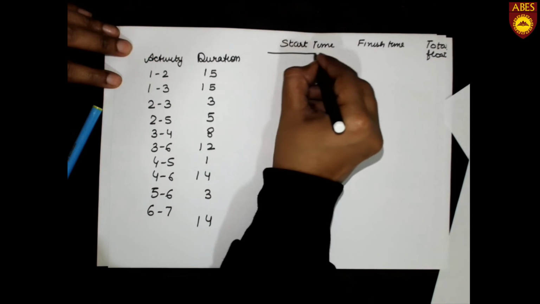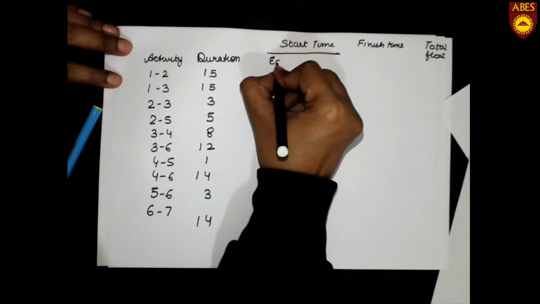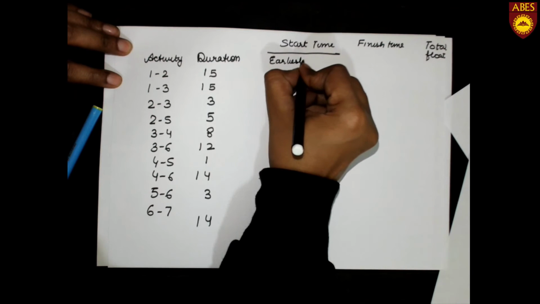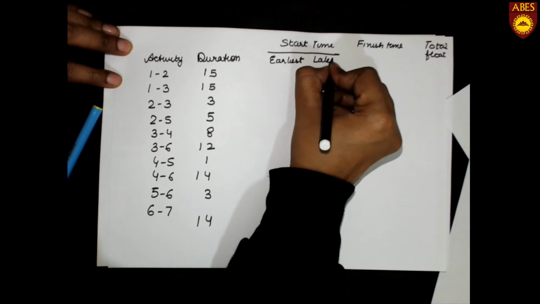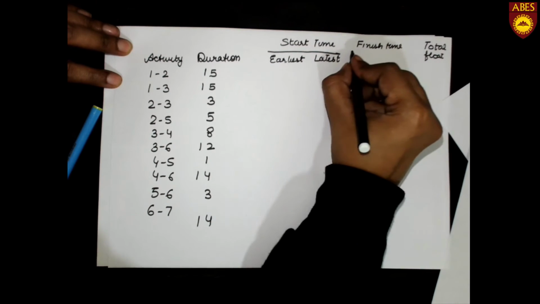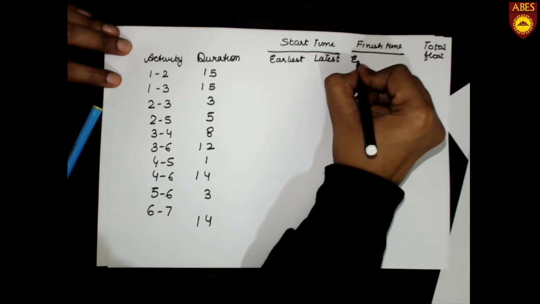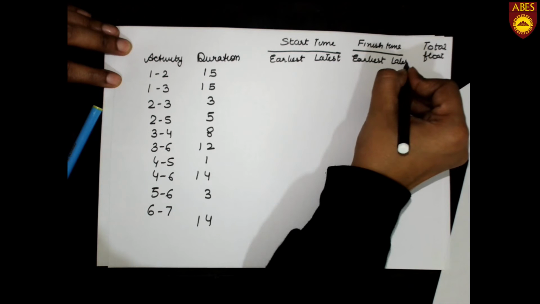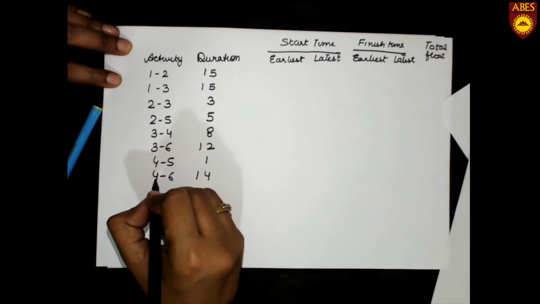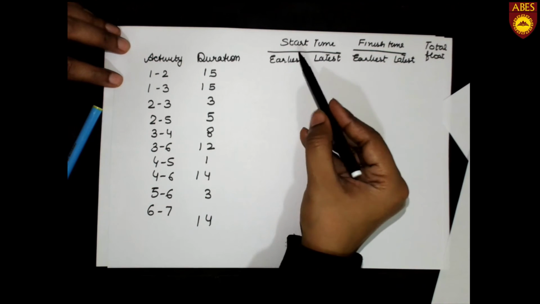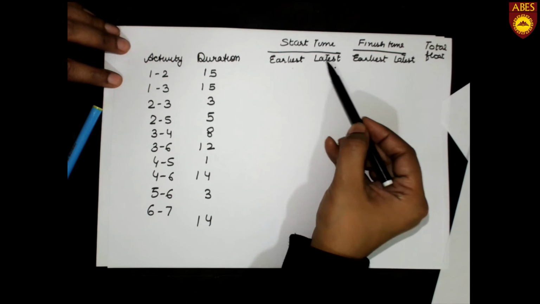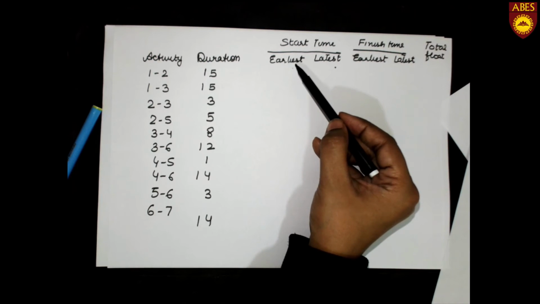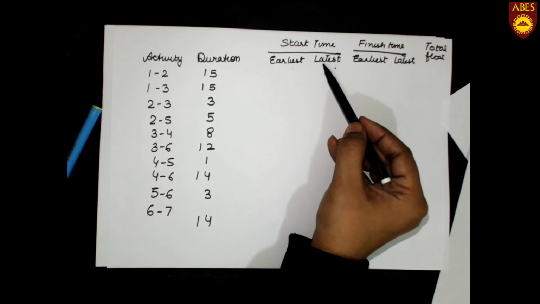Start time has 2 times, that is earliest and latest. Finish time will have 2 times, that is earliest and latest. Now, what is the earliest time and latest time? Earliest start time is the earliest time at which the activity can start, and latest start time is the latest time at which the activity can start.